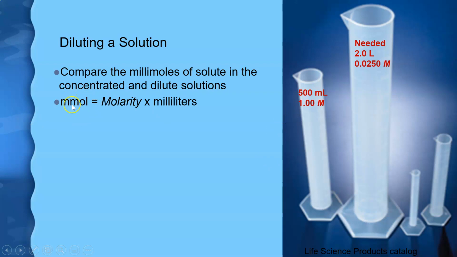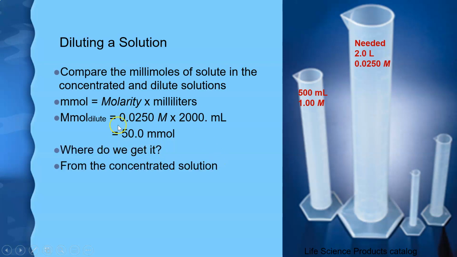And I know that the millimoles are molarity times liters. So I can figure out how many millimoles I would need in my dilute solution. I take my molarity times my milliliters. That's 50 millimoles. And I say to myself, how much 1 molar solution do I need to get 50 millimoles?